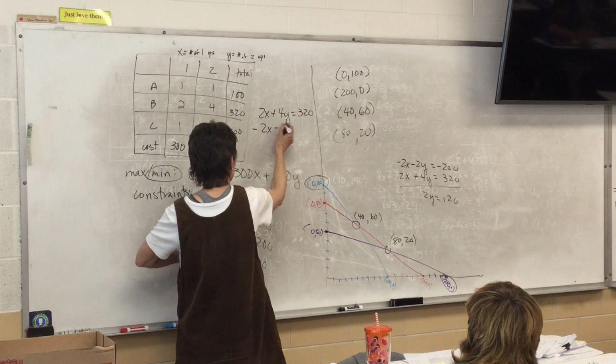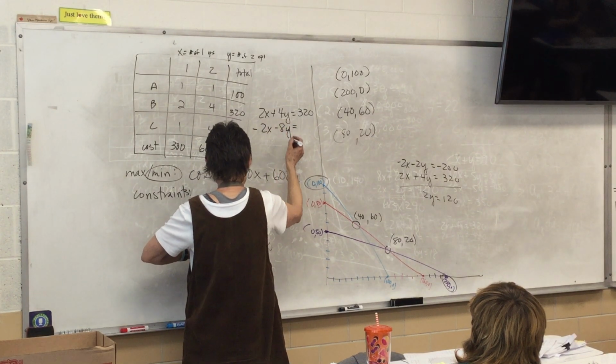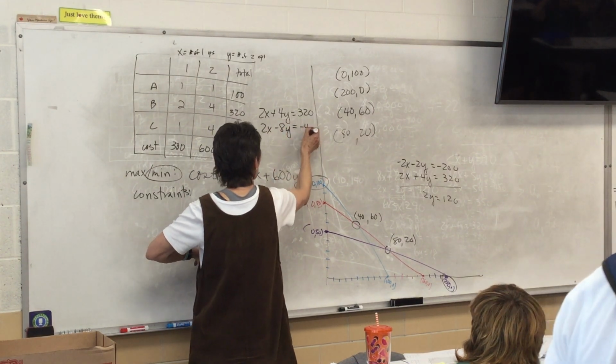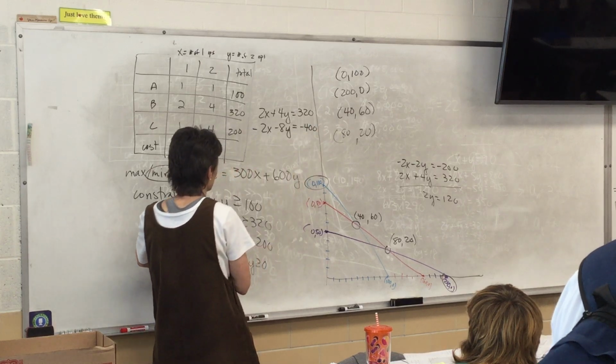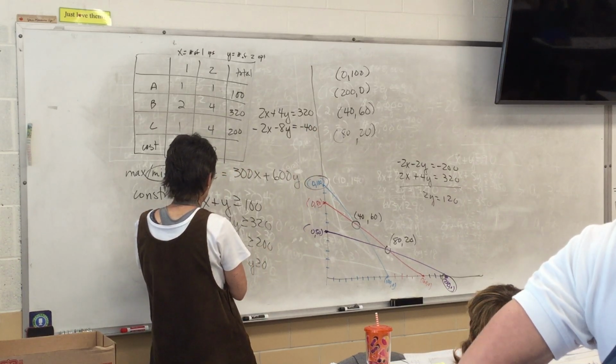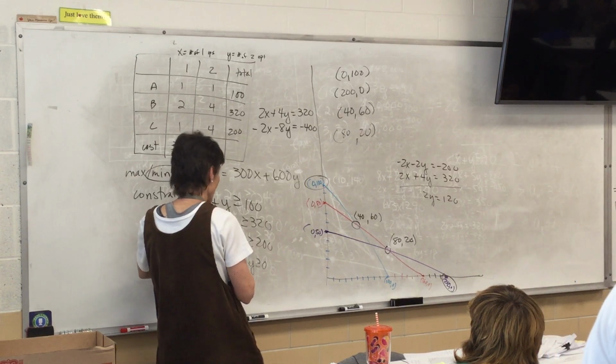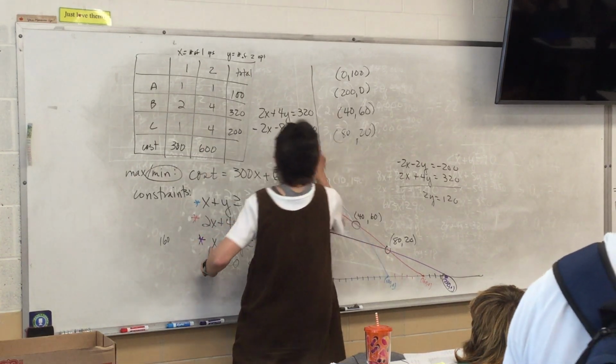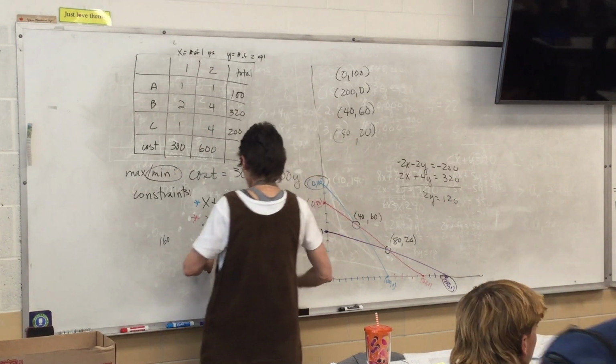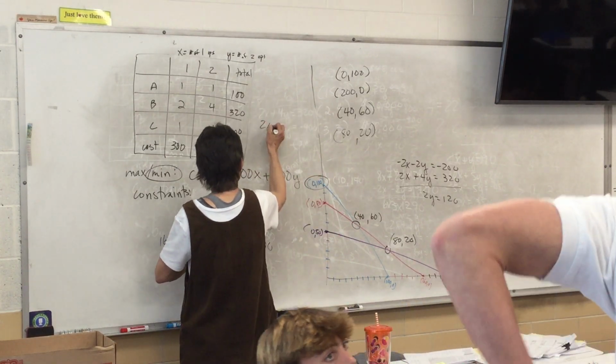Negative 2x minus 8y equals negative 400. Why are you doing that minus 4y? Can you just leave it as x minus 4y? That shouldn't change my answer. Let me do that and see.